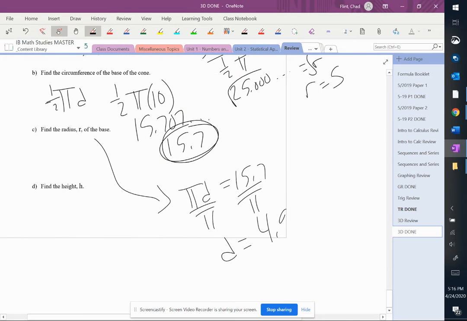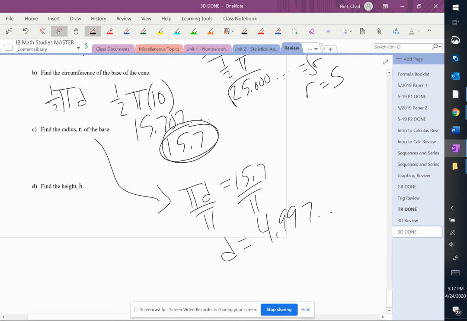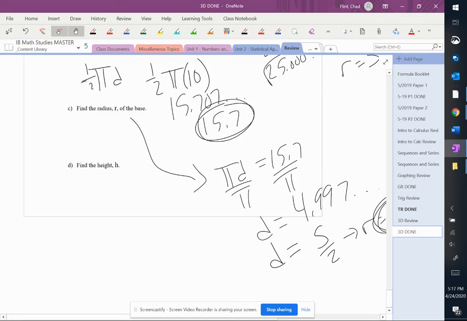So 4.997, which is 5 to 3 significant figures. So that's the diameter. I shouldn't circle that because that's not the answer. The diameter is 5, which means chop it in half. Radius is 2.5. Again, a lot going on there. The math looks much simpler than the concept they're asking you is. So that's 2.5. Then it says find the height.